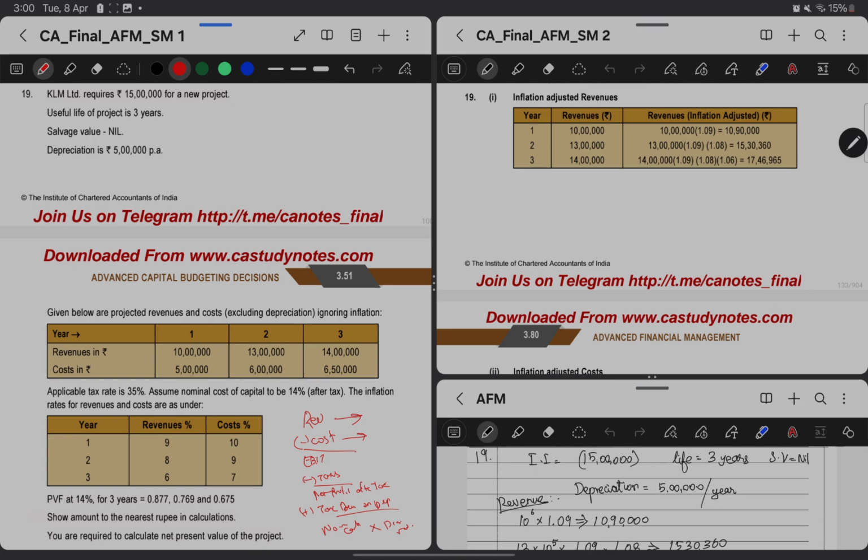So the year 1 revenue is 10 lakhs, multiplying with the inflation rate for first year 9%, adding 9%, it will become 10 lakh 90,000, and second year revenue is 13 lakh. So as previously discussed, these are the projections which we are making when we are checking the feasibility of the project, let's say today, and when we are projecting a second year cash flow now, it has to be adjusted with first year inflation also, then it has to go through the second year inflation.